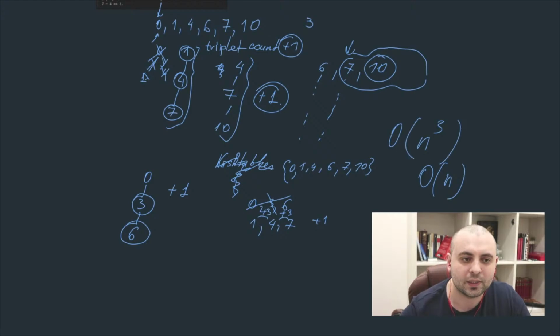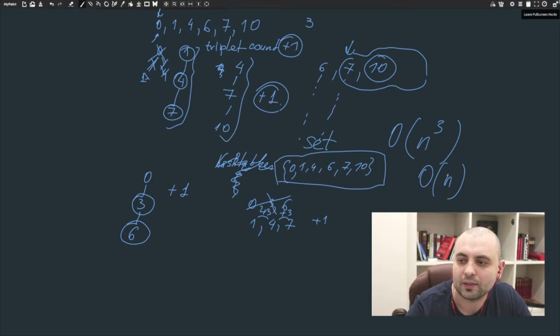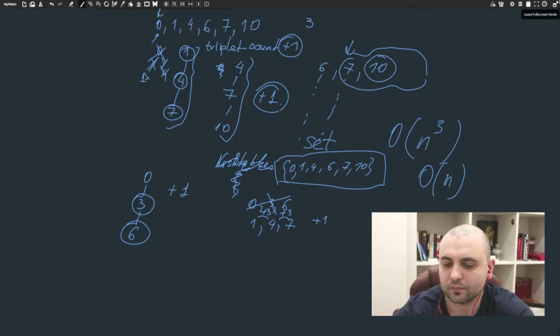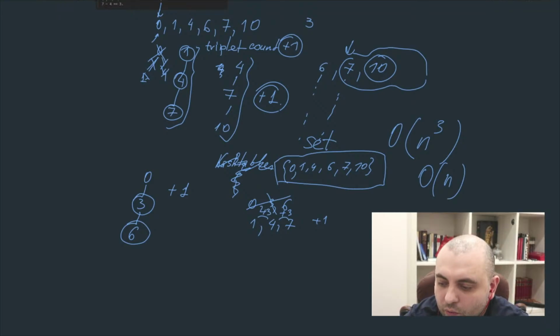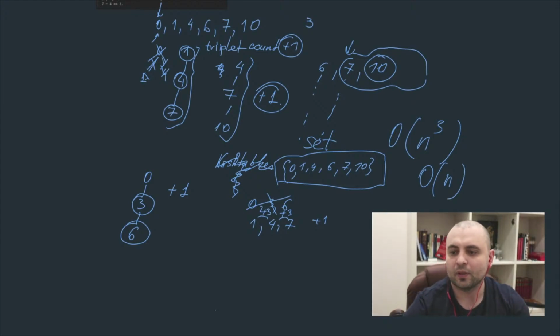So we trade space, using this extra data structure called a set, to gain time. This is what programming is usually about: we're trading off resources. You may trade off space to get time, or vice versa. You can increase the time to gain space.